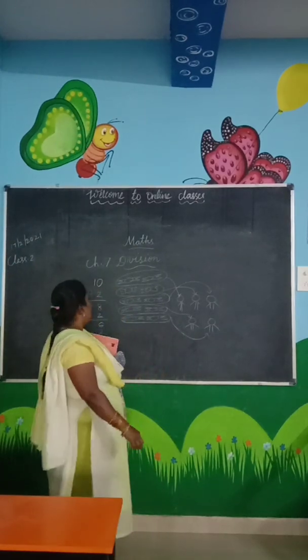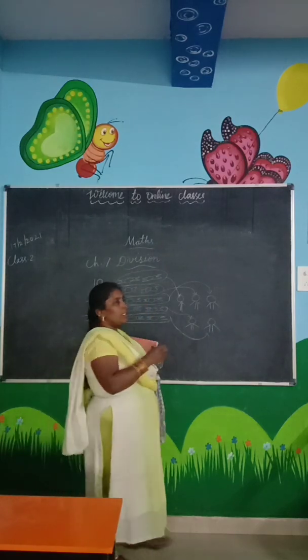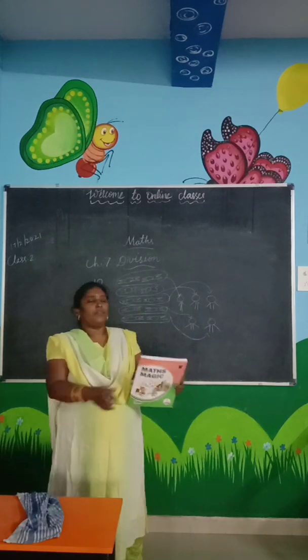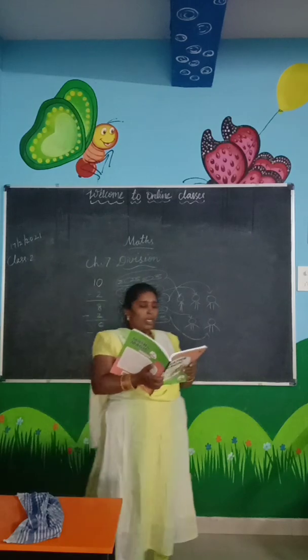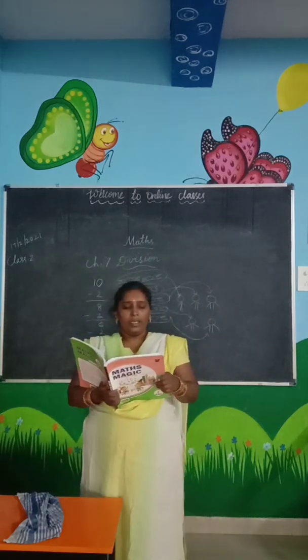So it is distributing the same number to a set of people. Division means to split a number equally.